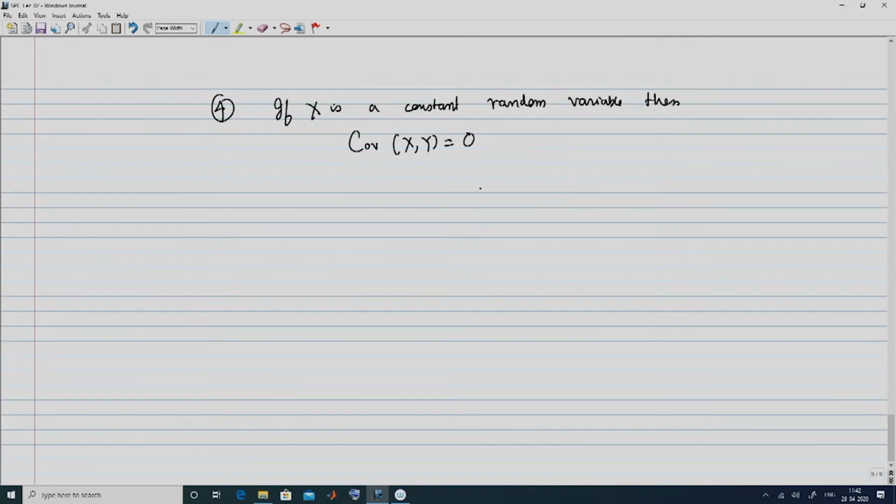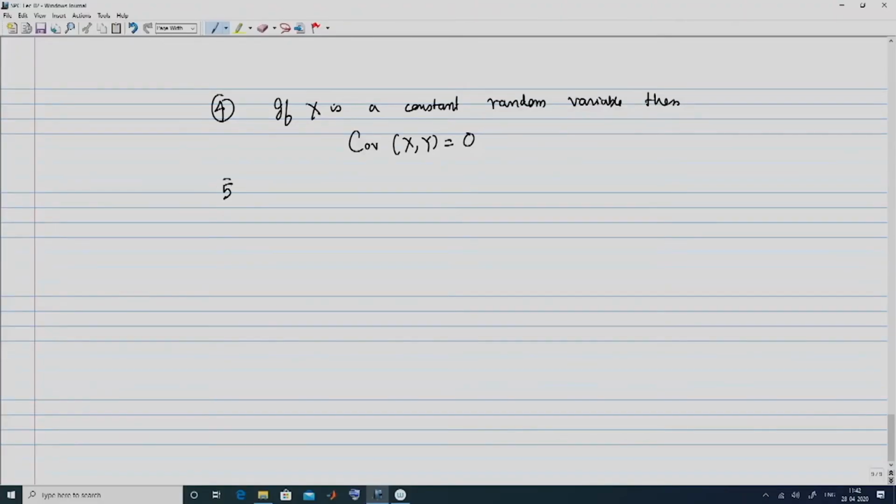Suppose that here x is a constant random variable. If x is the constant value c, then the expected value of x is also going to be equal to c. So, one of the factors in the definition of the covariance, that is x minus mu x, is going to be equal to 0, which will render the covariance equal to 0.